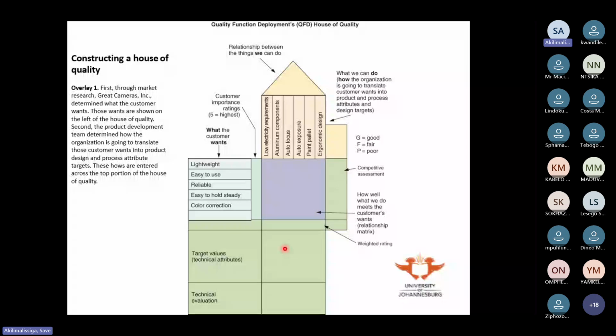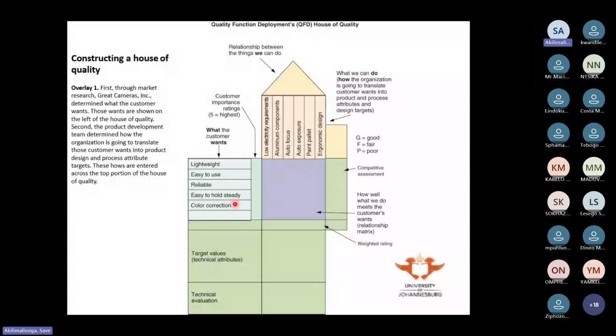So after conducting a market research, this company was able to come up with this customer want here based on the cameras that they are planning to release to the market, that they are designing. And customers say that they want a product that is lightweight, a product that is easy to use. It must also be reliable, easy to hold steady, color correction in terms of pixel or something like that.